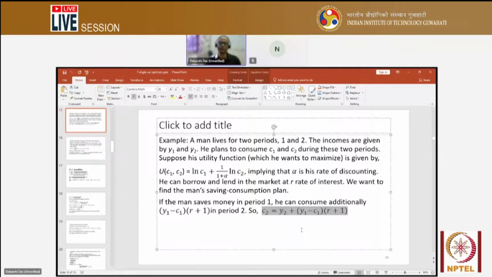In this case, what is the budget constraint? The budget constraint is given by C2 equals Y2 plus (Y1 minus C1) multiplied by (1 plus R). Okay, so that is basically the answer. I hope it is clear now.